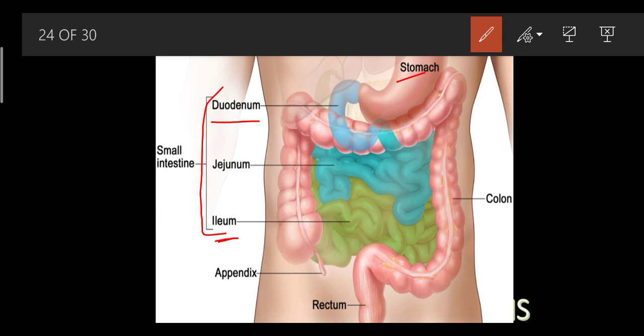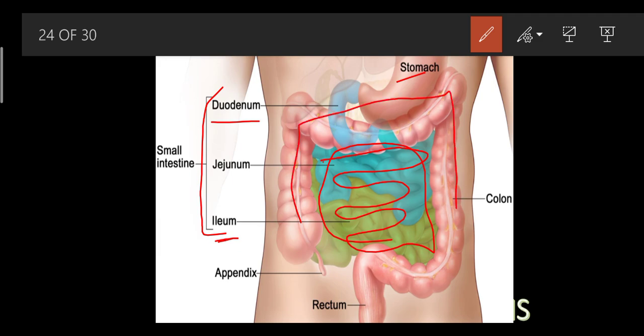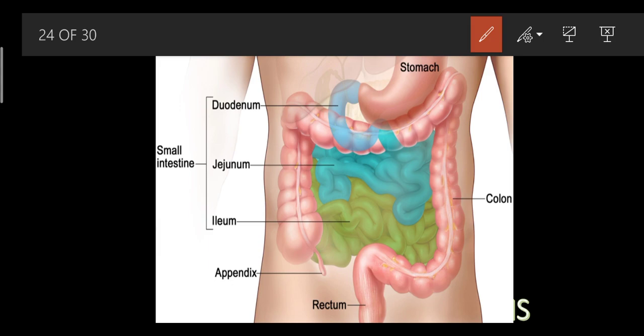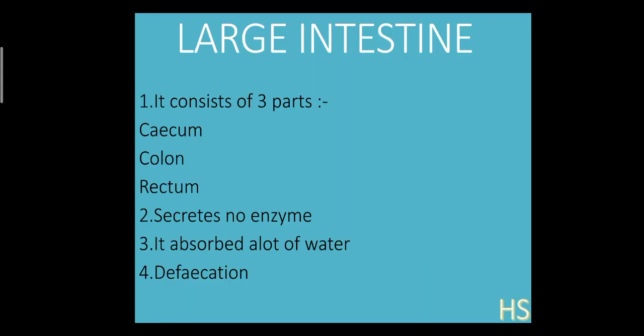Now we will move into the large intestine. But see, if you notice, this whole is the small intestine, but only a smaller portion like this is the large intestine. So why do we call them the small intestine and the large intestine?